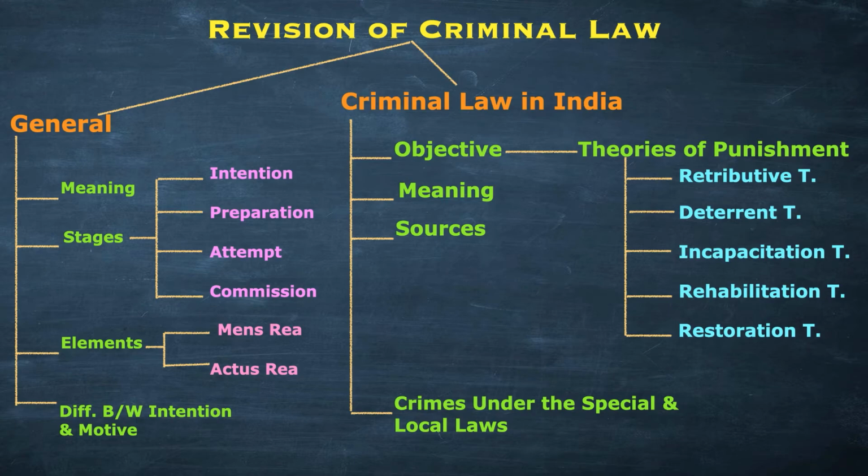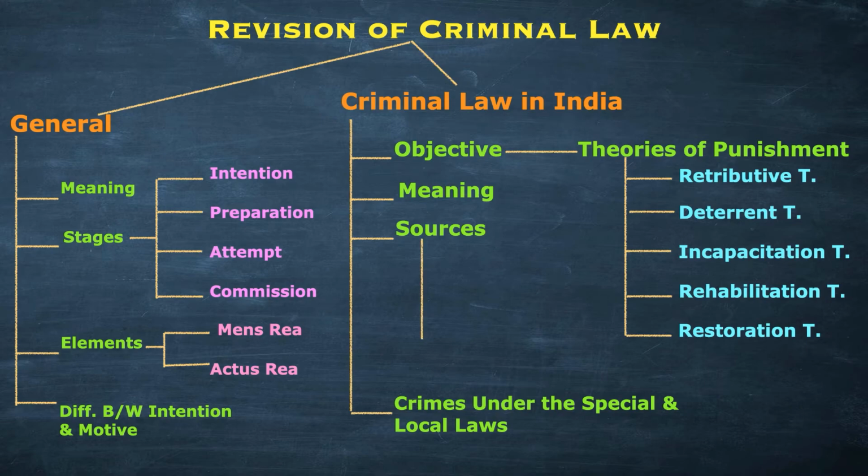However, the difference between the first four, retributive, deterrent, incapacitation and rehabilitation, and the last one, that is restoration, is that the first four are largely theories of punishment of criminal law, and the last one, restoration, is commonly applicable in civil law, that is civil wrong, such as in case of breach of contract, in case of tort, in case of property dispute, etc.